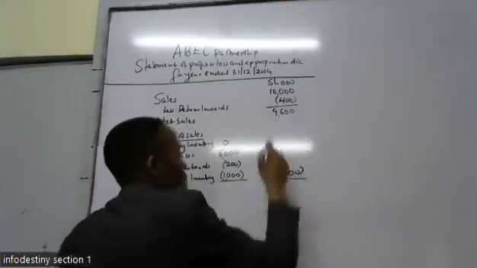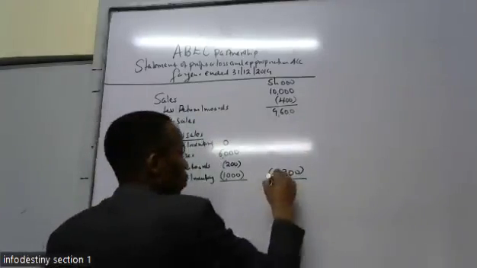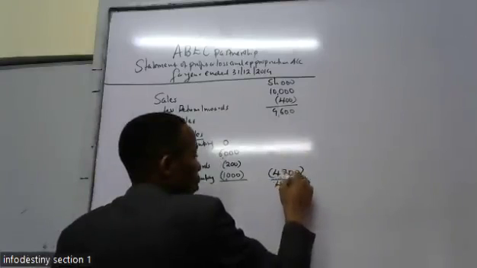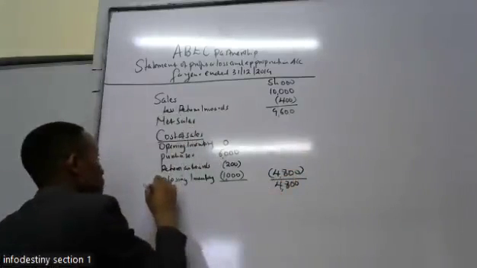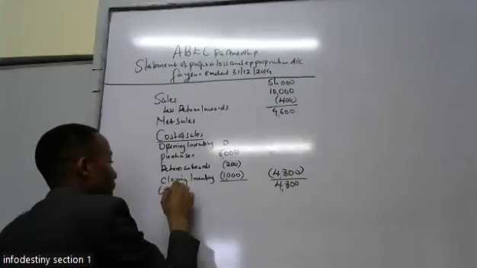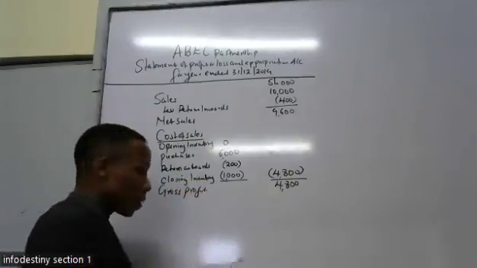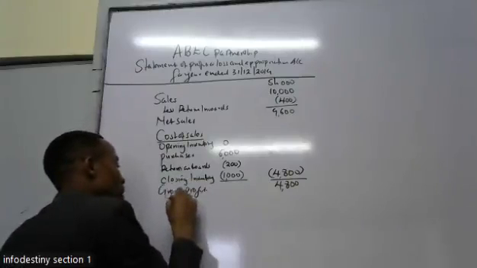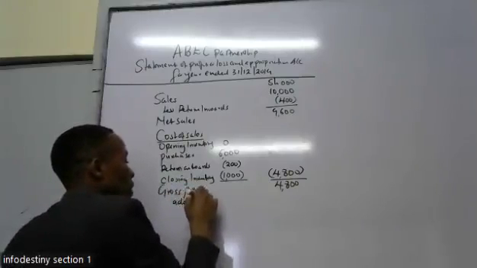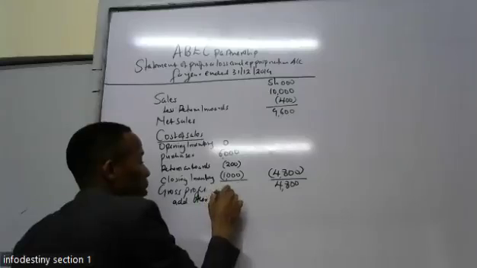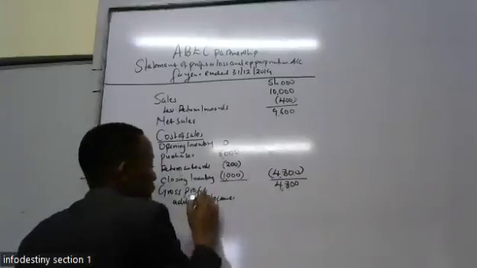So we less from 9,600, which is the net sales, we remain with 4,800 as the gross profit. Then from there we add other incomes.